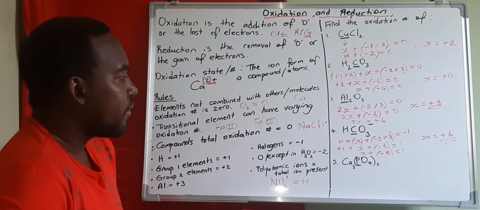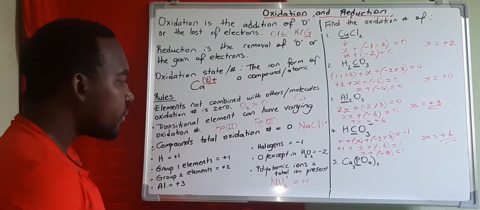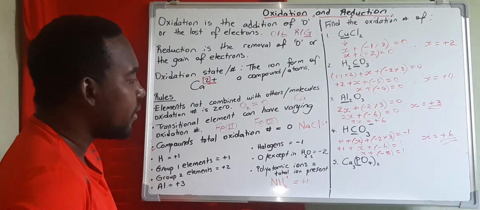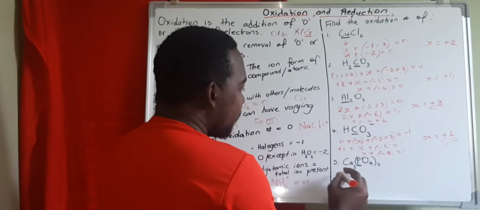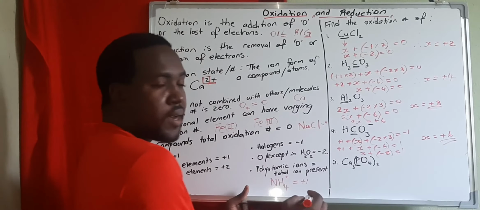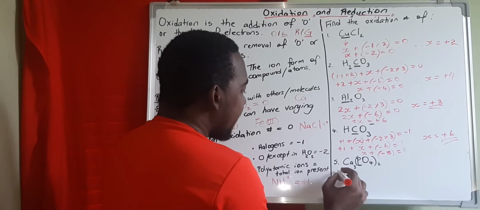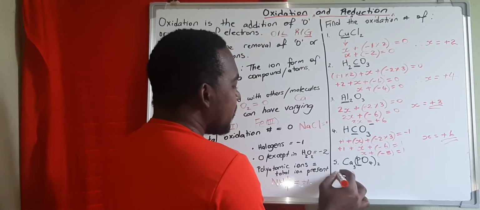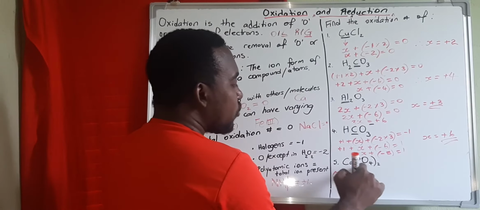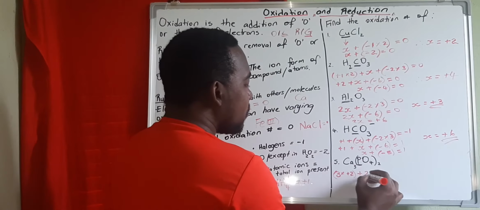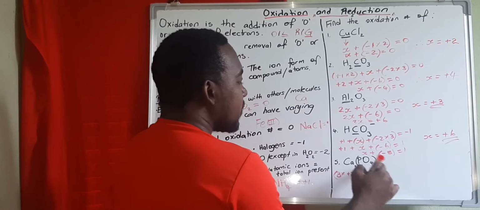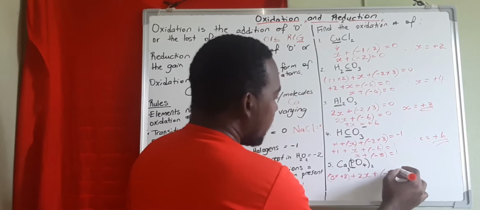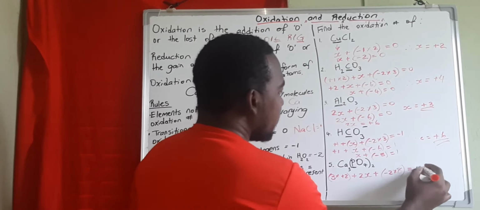All right? And then finally, we look at calcium phosphate. And we're finding the P, right? So this is a compound, so the total is 0. So we have 3 calcium here. So that is 3 times +2 for calcium. Plus, we have 2 P's here. So it's 2 times X. Plus, we have 4 oxygens, that's 2 times 4, 8, times -2 here equals 0.